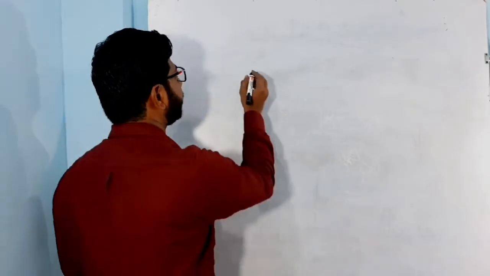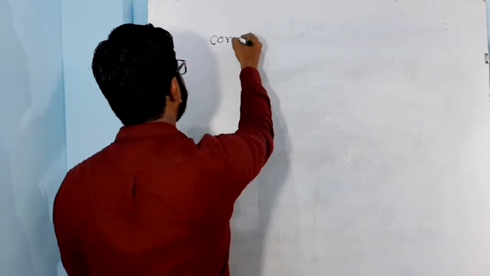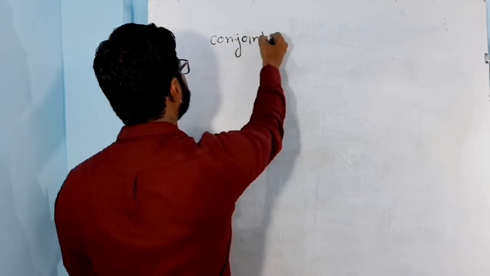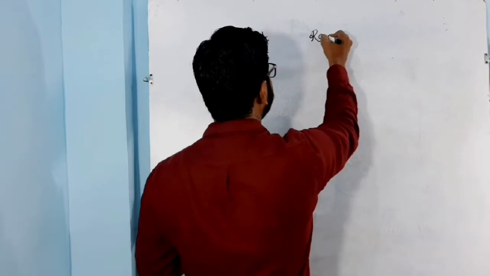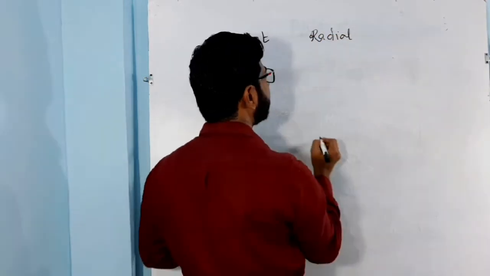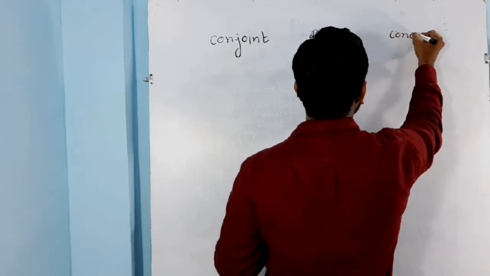Now we are classifying the vascular bundle on the basis of area occupied by them. Means vascular bundle are classified into three types on the basis of area. The first type is conjoint vascular bundle. Second type is radial vascular bundle, and third type is concentric vascular bundle.